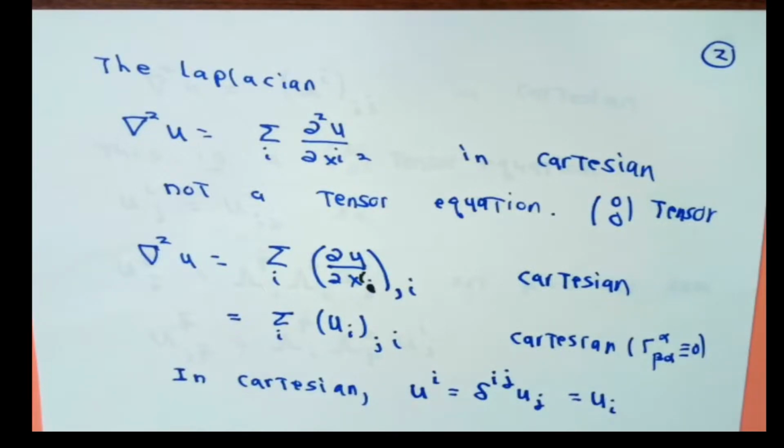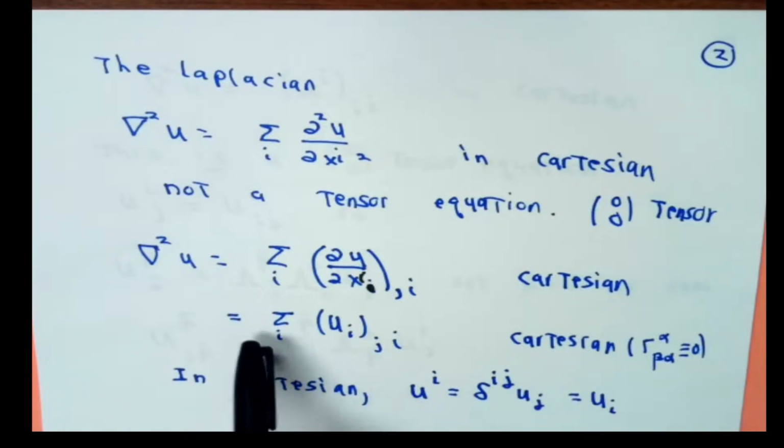In Cartesian coordinates, the components of the metric tensor are the numbers delta_ij. So if I have u with the i downstairs, for Cartesian coordinates only, that's always the same as u with the i upstairs.